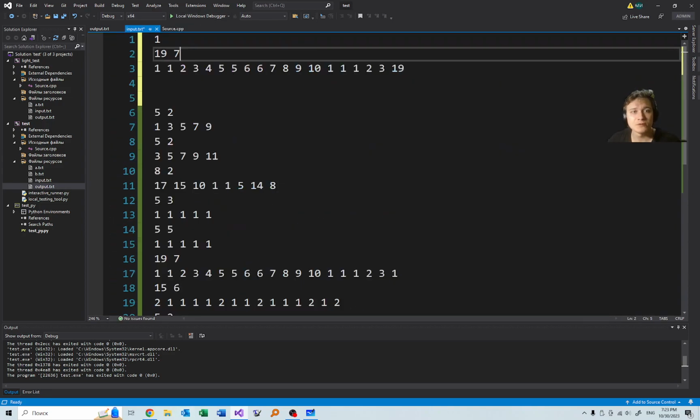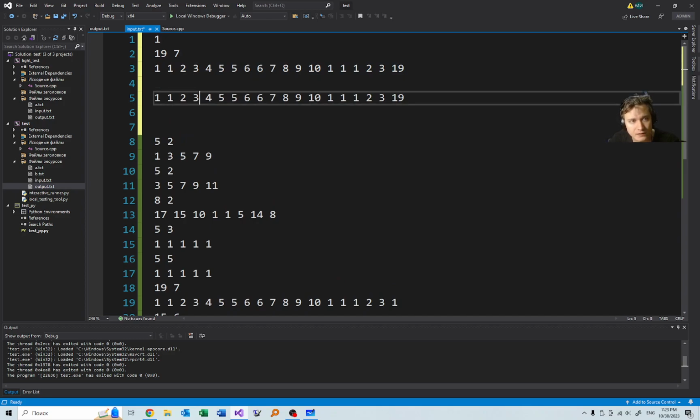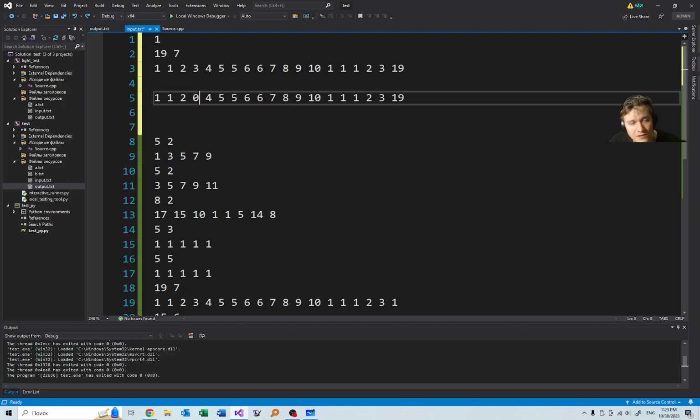So we have 7 operations. Let's look at what I would like to do with it. So definitely 1. No, I wasn't paying attention. So we have this block of numbers. So I do this.